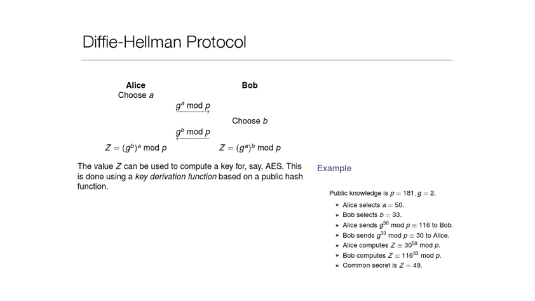So according to the hardness of the discrete logarithm problem, we give a value which is a group element, but we don't give the value A such that G to the power A equals something.